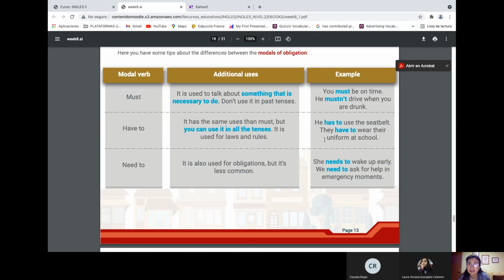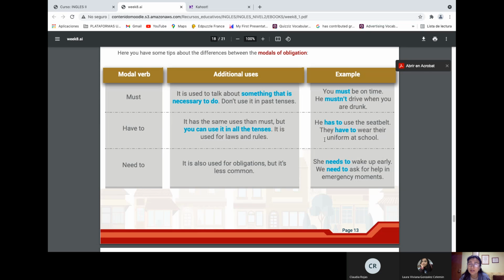So in these two examples, first, the conjugation of the verb, the auxiliary verb have. In the first one, he has, no? He has, she has. In the second one, they have, present tense. So you have to keep in mind the conjugation. And in both examples, they are explaining something that is part of the rule.